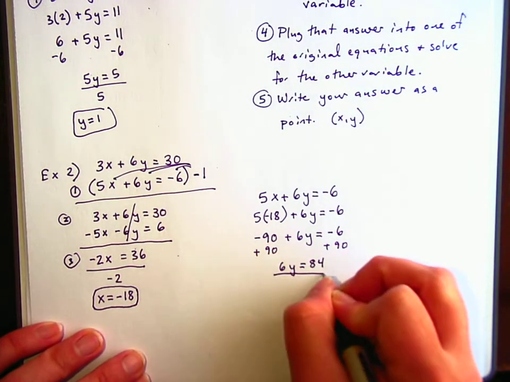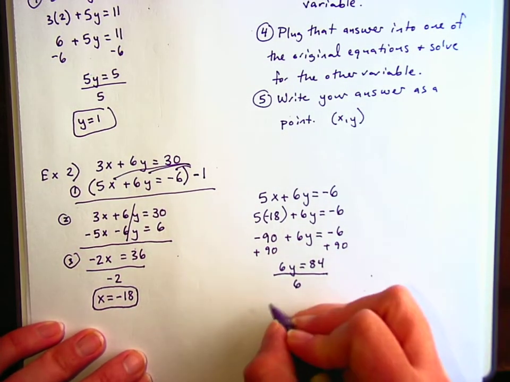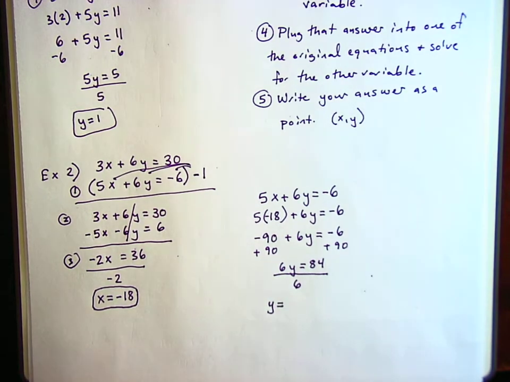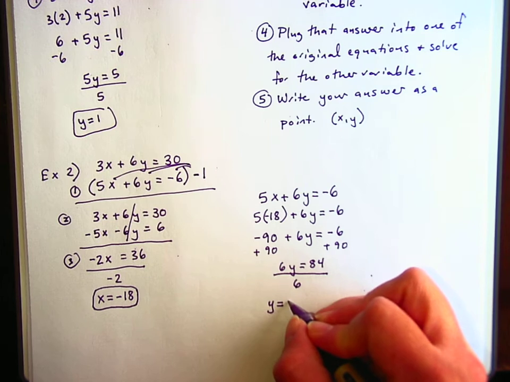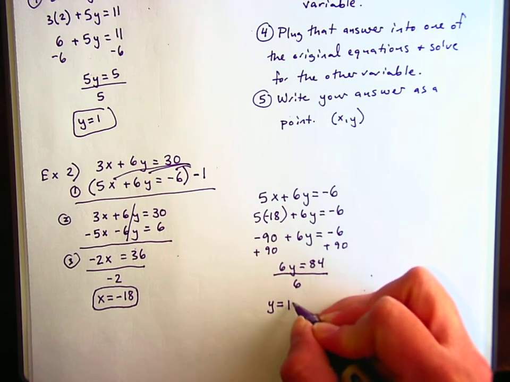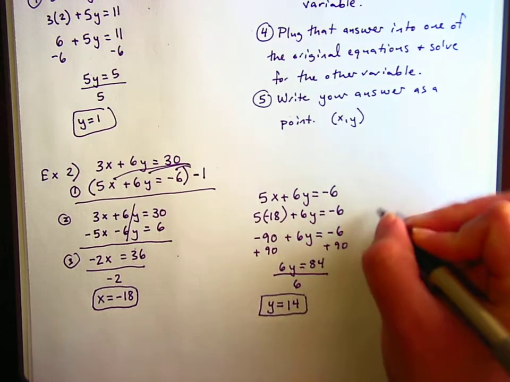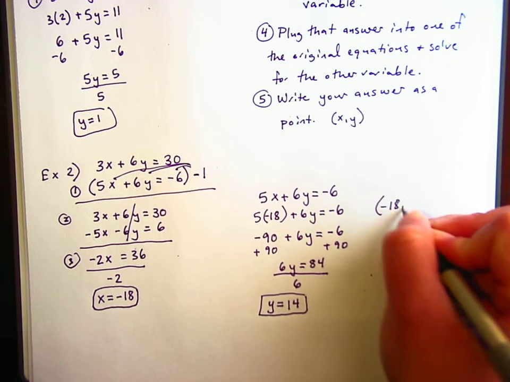And then if I divide by 6 on either side, I get y equals, let's see, 84 divided by 6. 10, 24, so that would be 14. So my final answer is negative 18 and 14.